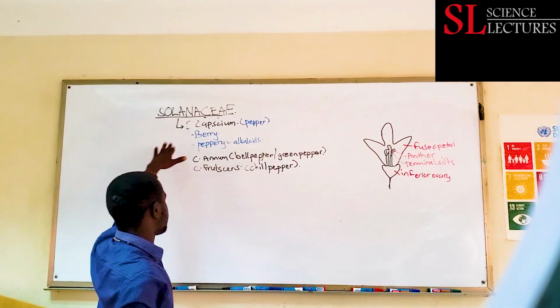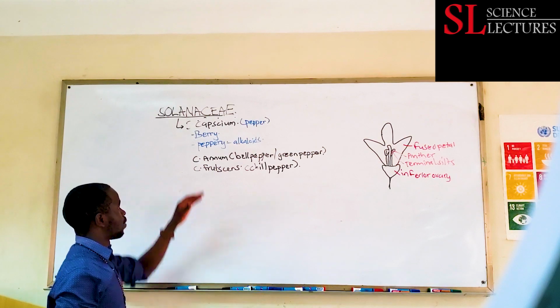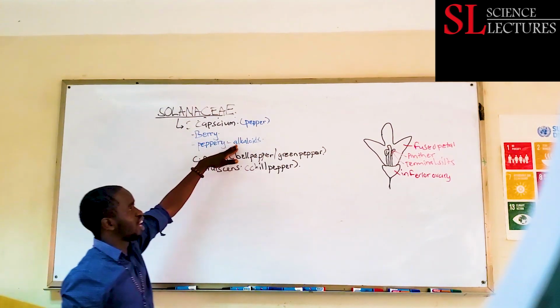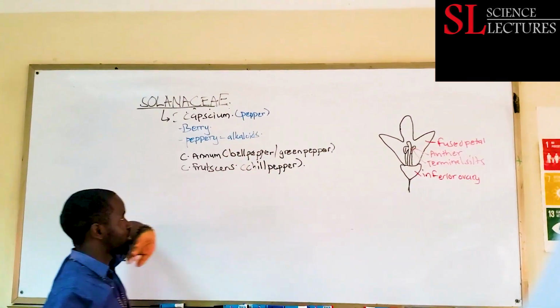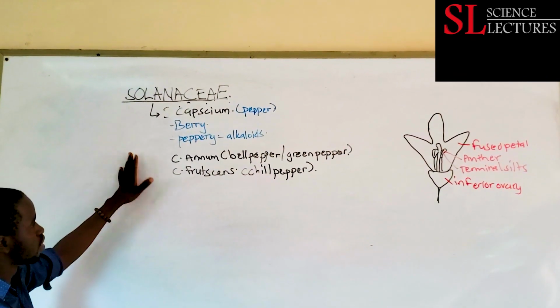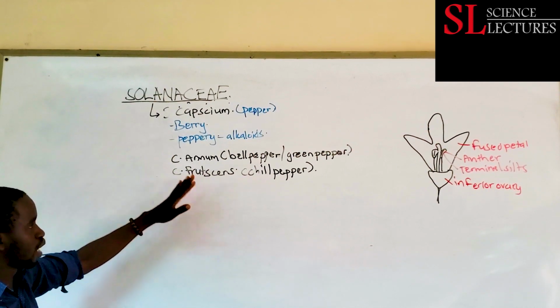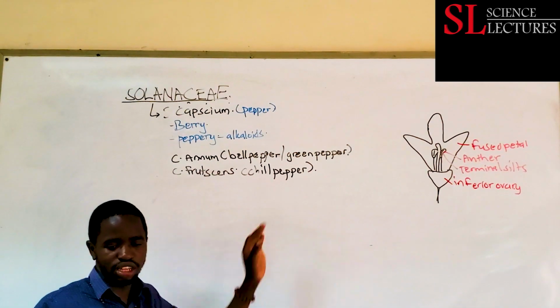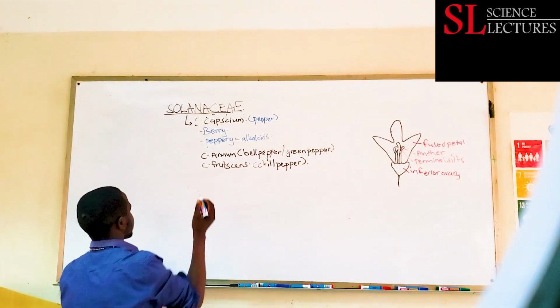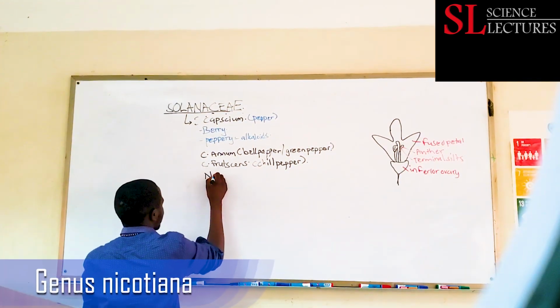Those are some of the examples under the genus Capsicum. Their fruit is a berry. They have a peppery taste because of the high alkaloid concentrations in their septa, and they are usually eaten as fruits. Next, I want us to look at the genus Nicotiana.